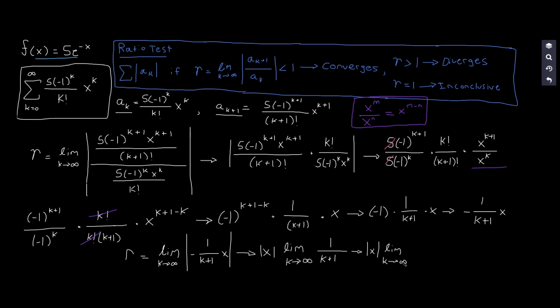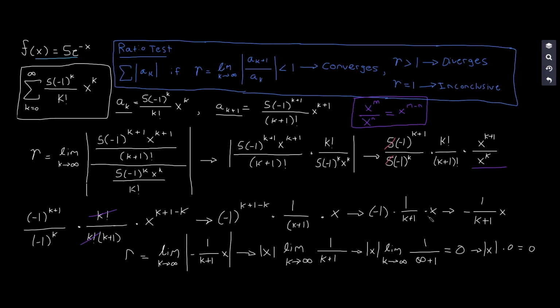The way that I think about this is 1 over infinity plus 1. Well, that's just going to be 0. So we're going to have the absolute value of x times 0, and that's going to be 0.